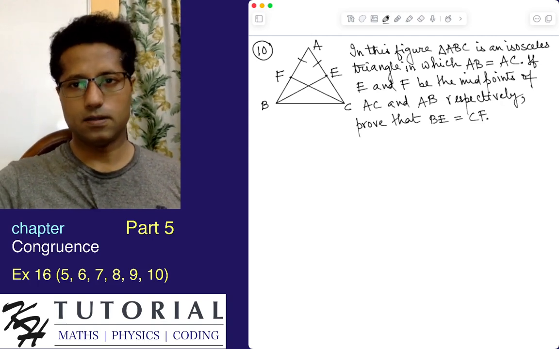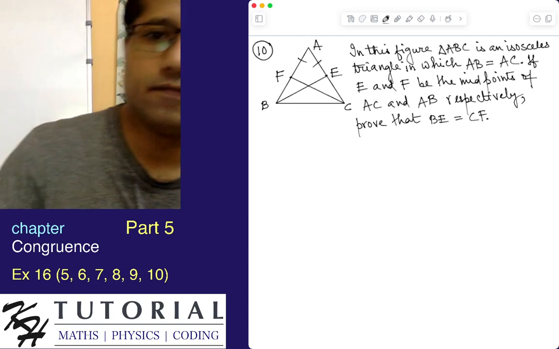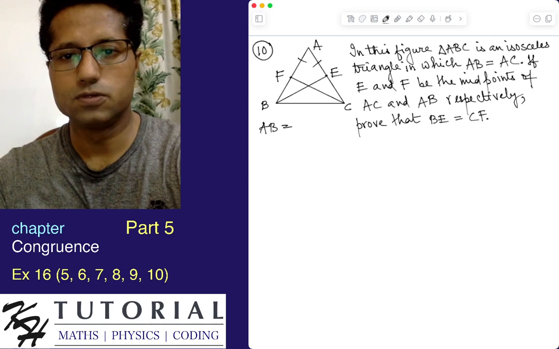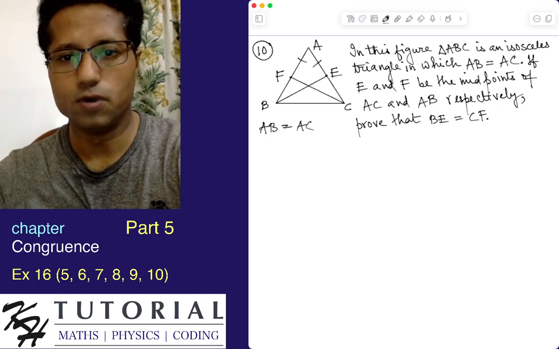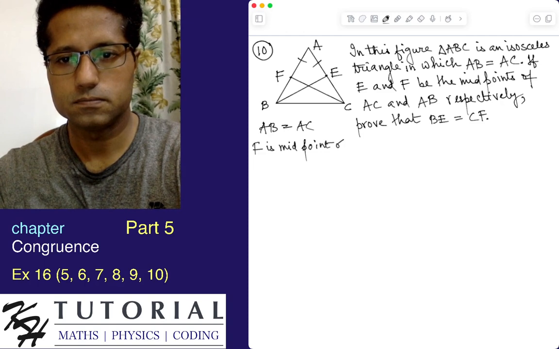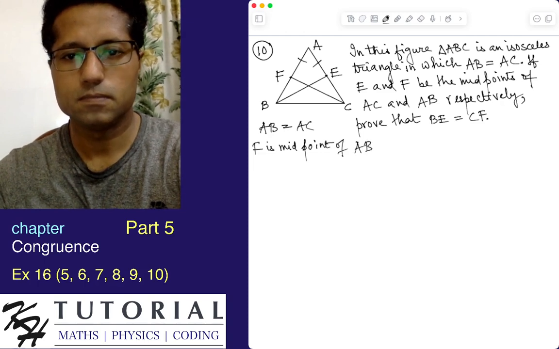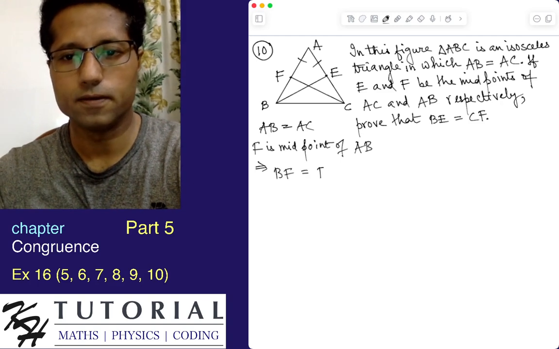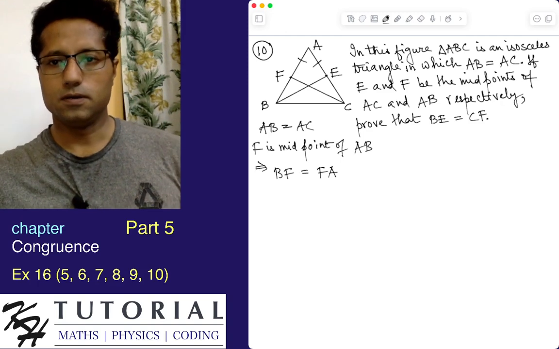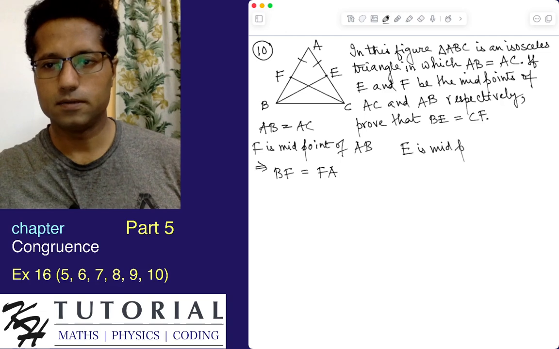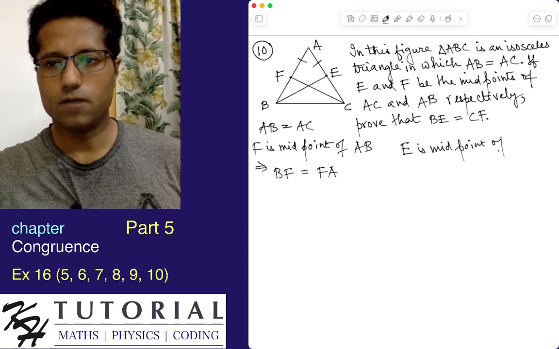So we are given AB equals AC. Also F is the midpoint of AB. This implies BF is equal to FA. Also E is the midpoint of AC.